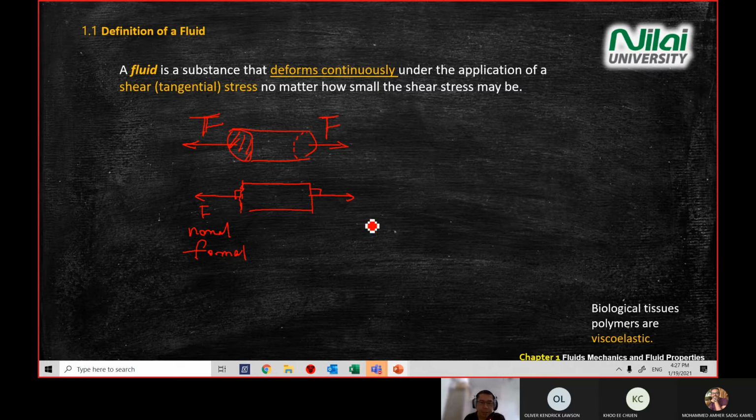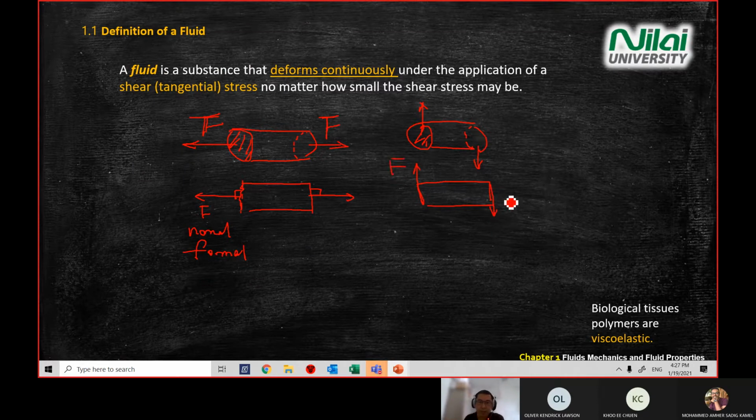And if your force is acting like that, acting vertically, and I try to draw it in 2D. So what you look at, the force on the left will go up, the force on the right will go down.